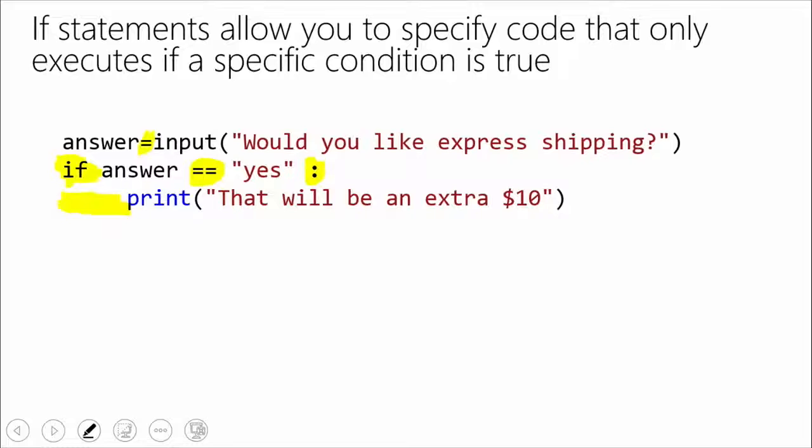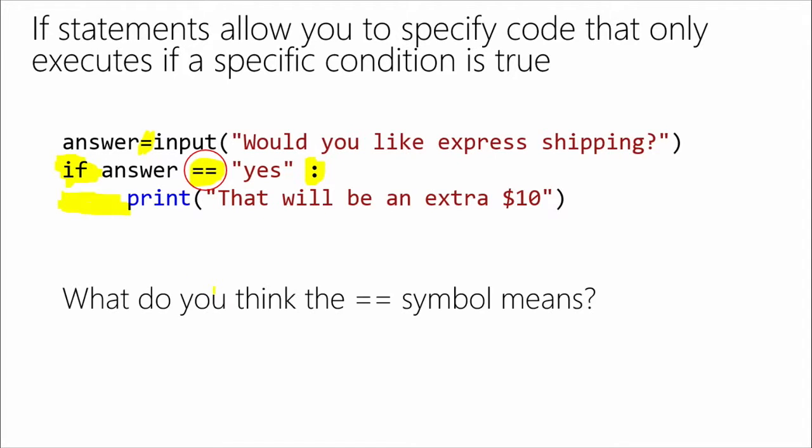So now if you look at this slide, we're saying if answer is equal to the string yes, then we have our colon, that's just part of the syntax, then print on the screen, that's going to be an extra $50. Perfect. So that's the syntax. Let's just look at a few examples so you can get a handle on it. We'll do a demo as well so you can start to get comfortable with it.